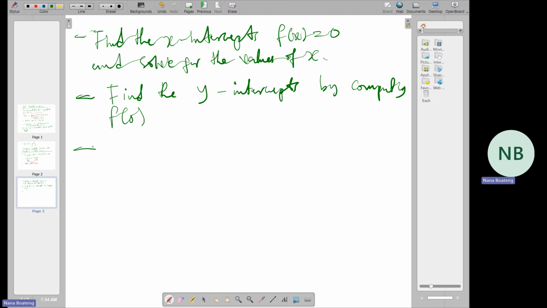And the last thing is we plot the x and y intercepts, the vertex point, and any additional points.